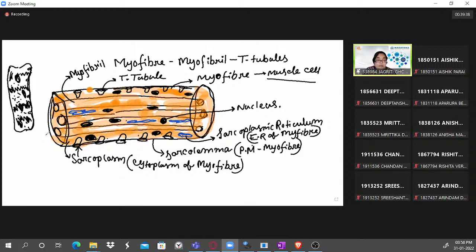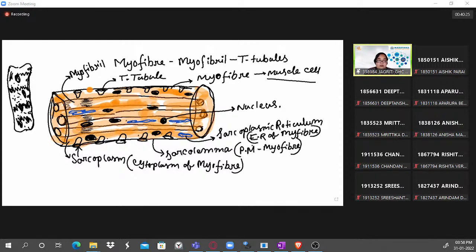Now, one last thing to add: in these myofibrils, some light bandings are present. Next day we will definitely read the details about this banding.